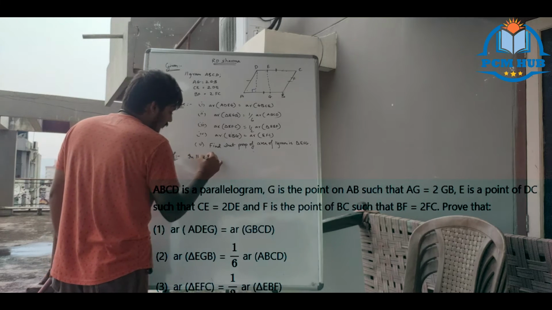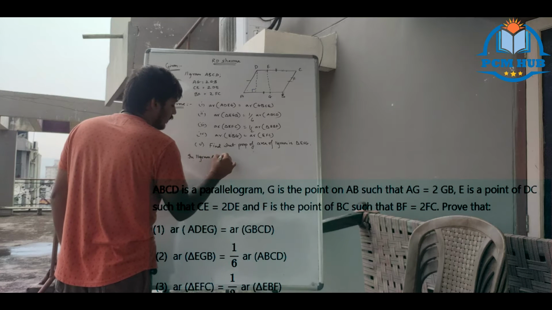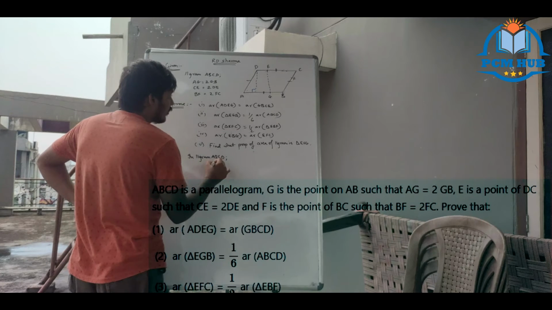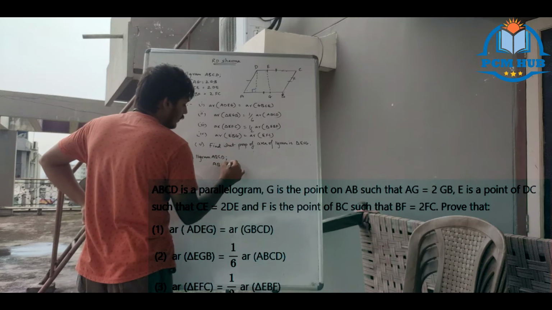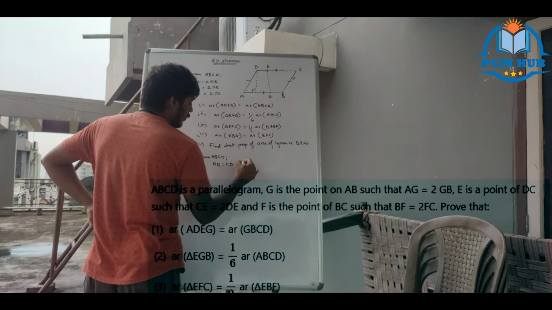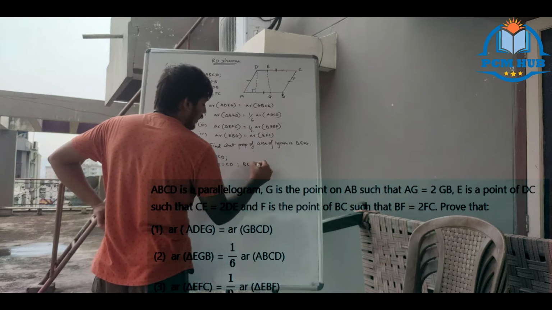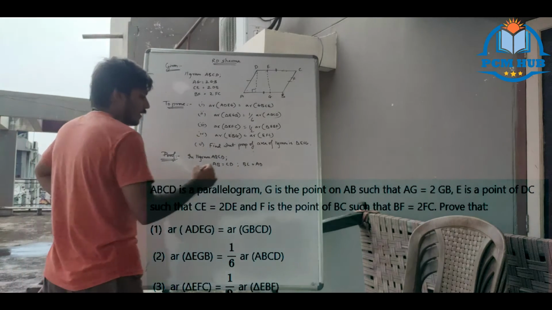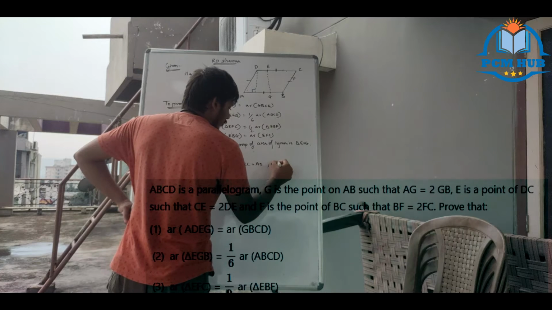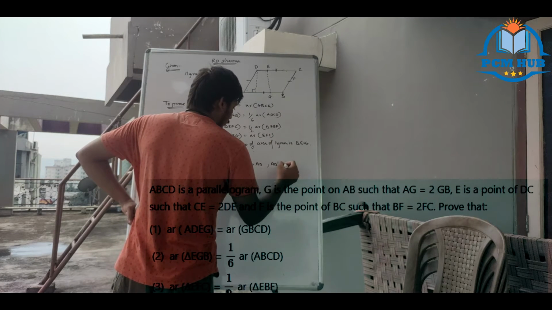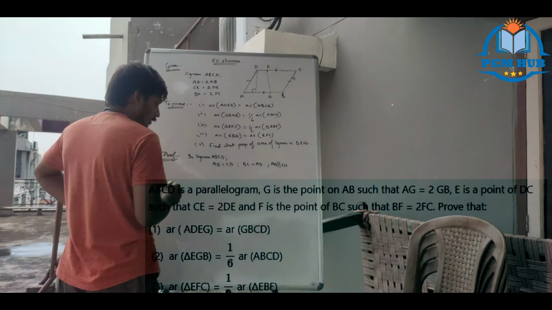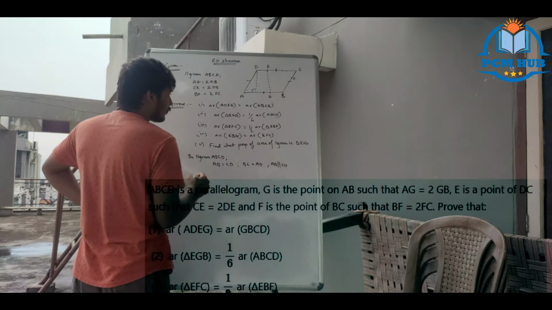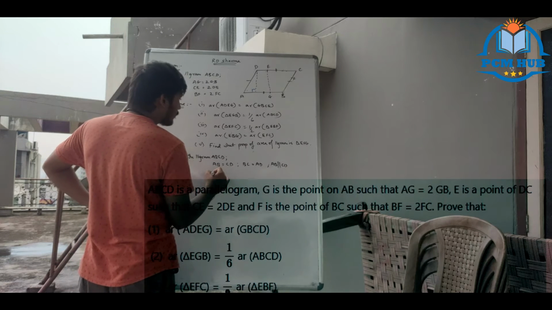In parallelogram ABCD, AB equal to CD and BC equal to AD. Okay, and AB parallel to CD. Now what we have? The two sides.